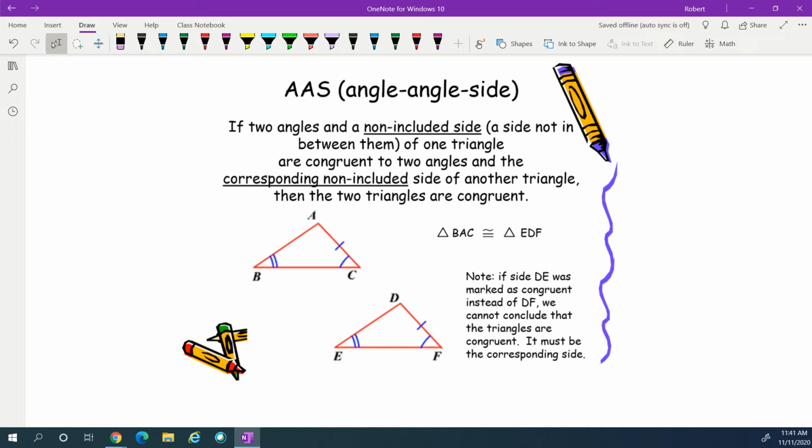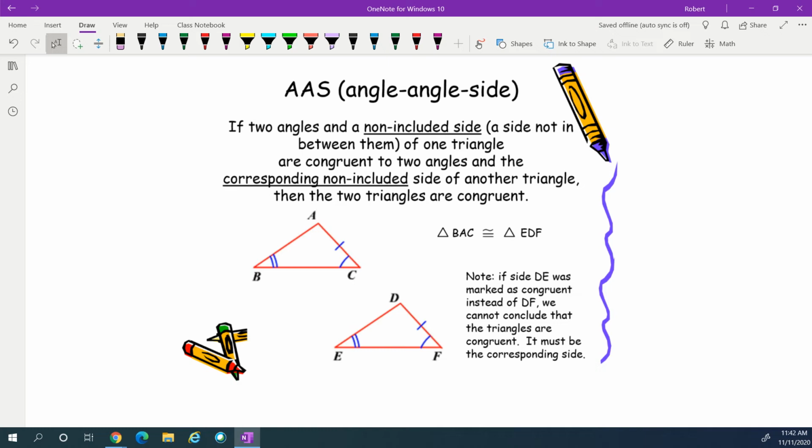So FD goes 1 to 3. If 2 angles and a non-included side of one triangle are congruent to 2 angles and the corresponding non-included side of another triangle, then those 2 triangles are congruent. Has to be the corresponding non-included side, AAS.